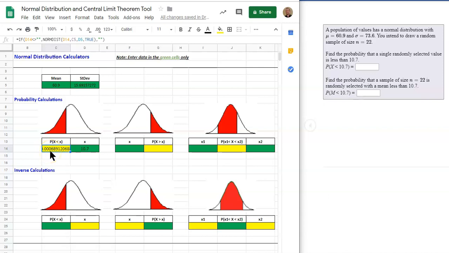It's a very, very small chance that our sample mean will be less than 10.7 if we take a sample size of 22. So now you've seen how to use this tool to find probabilities of a sampling distribution and also in comparison to a regular probability of a single value.